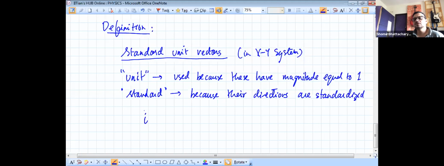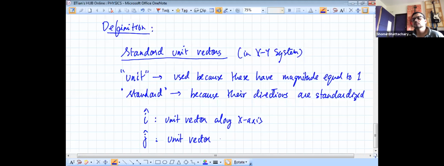So what are these standard unit vectors? They are given by the symbols i cap and j cap. So the symbol on top of the letter is called cap. Okay. So this is a unit vector, or you can say the standard unit vector along the x-axis. Okay. And this is the unit vector along the y-axis. So by unit vector we mean vector of magnitude 1.